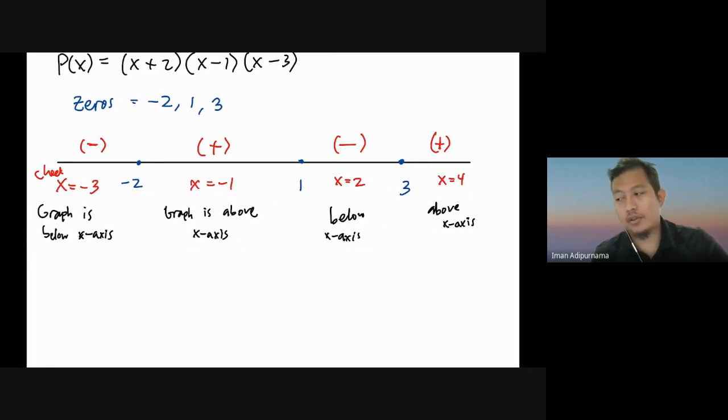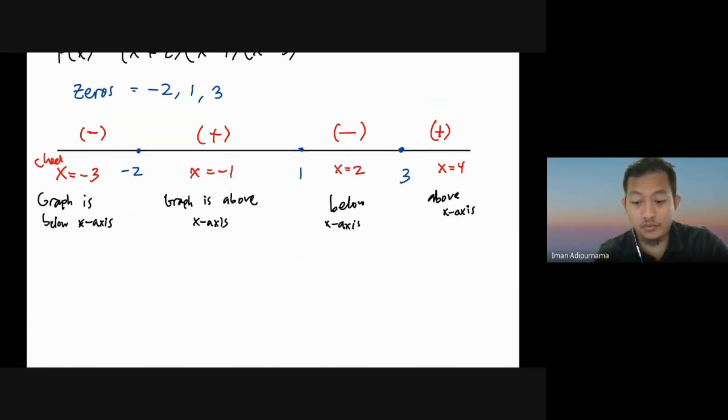So based on our testing here, we can check some other values that are easy to evaluate. For example, -3, -2, -1, 0, 1, 2, 3, 4, and check the functions.